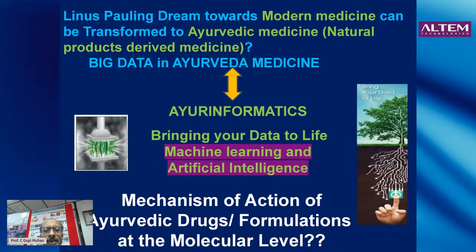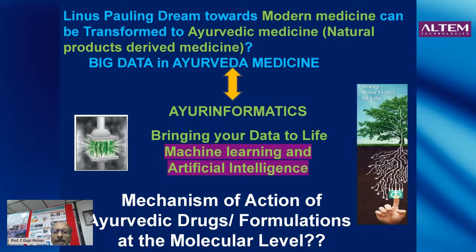So we have big data in natural product derived medicines or Ayurvedic medicines, which is why we have now also coined a term called Informatics. This is also a well-known terminology nowadays, which we can designate for natural product derived molecules, or molecules mainly dominated by naturally occurring molecules.